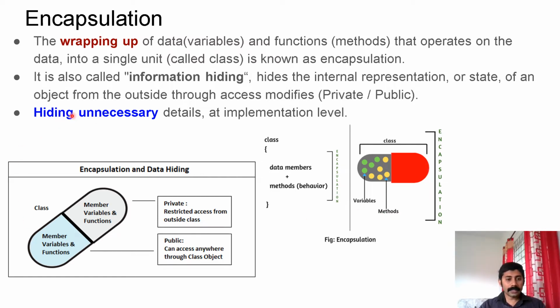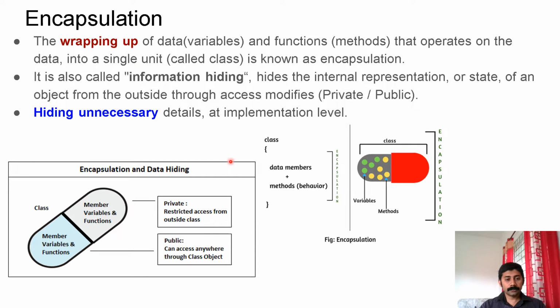And regarding the information hiding, within the encapsulated class, there will be private members and public members. Private members have restricted access from outside the class, and public members can be accessed from anywhere.